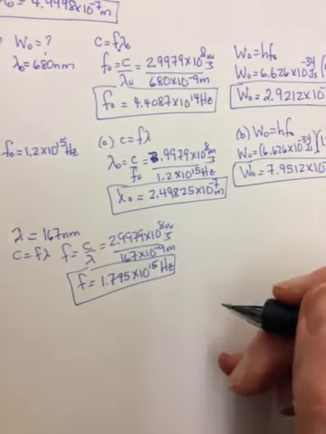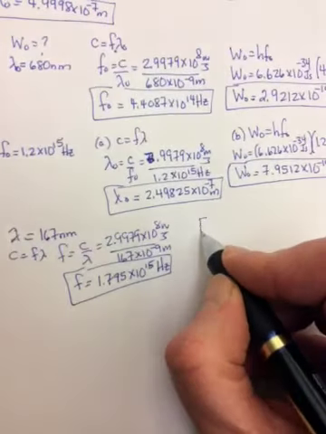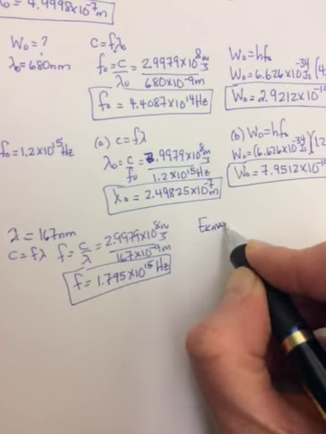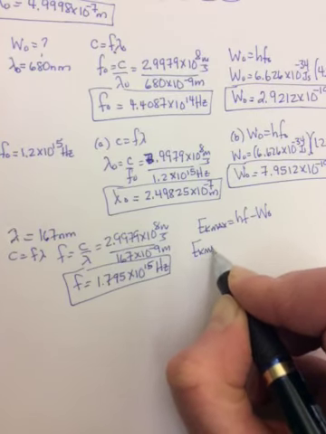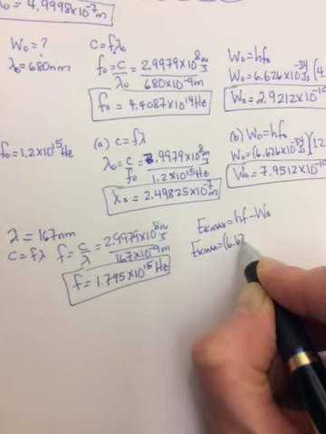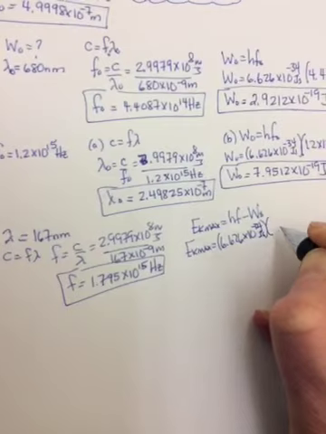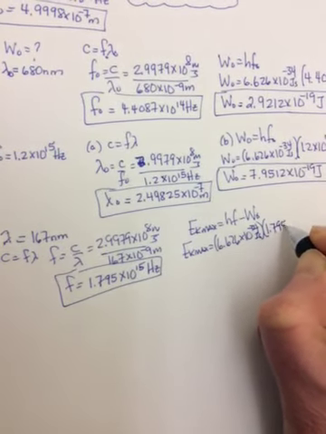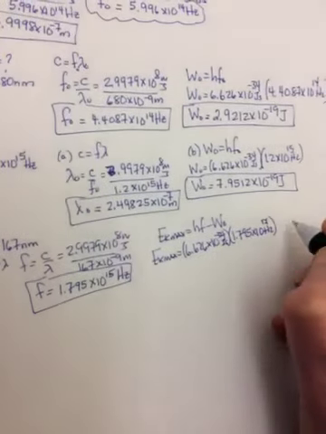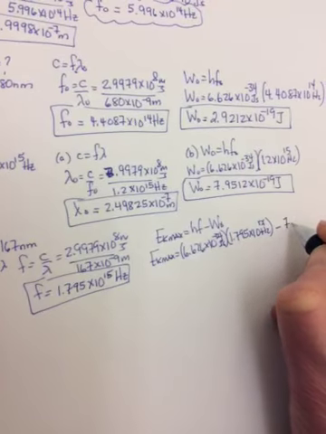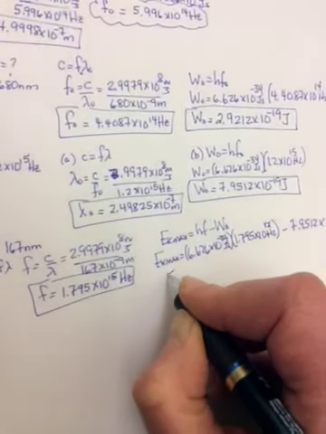If we continue to read, it says, what is the kinetic energy of the ejected electron? So we're looking now for EK max, and we know it's equal to HF minus WO. So EK max is equal to H, 6.626 times 10 to the negative 34 joule seconds, F, 1.795 times 10 to the 15th hertz, minus WO, 7.9512 times 10 to the negative 19 joules.